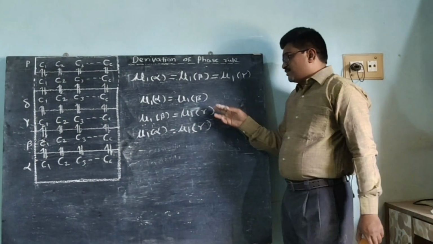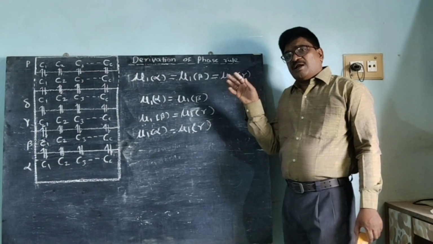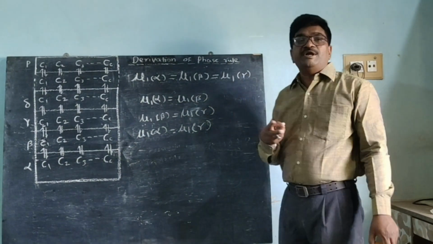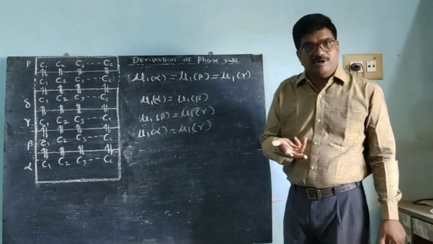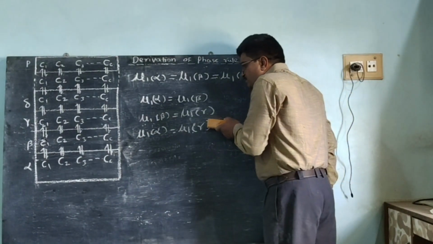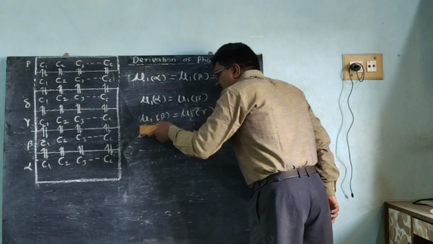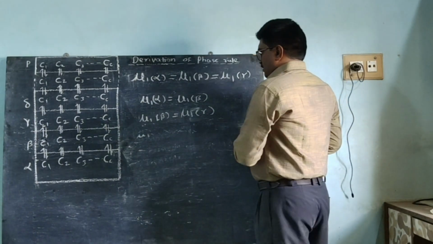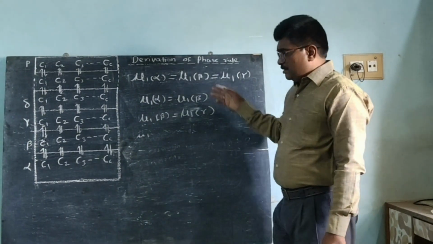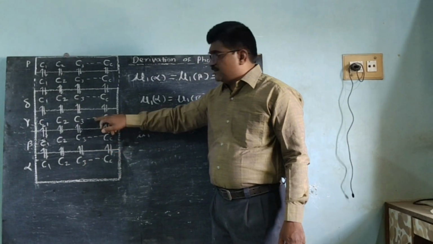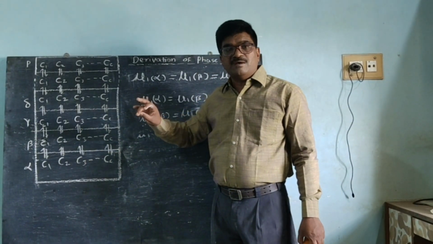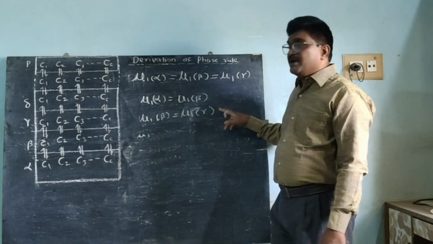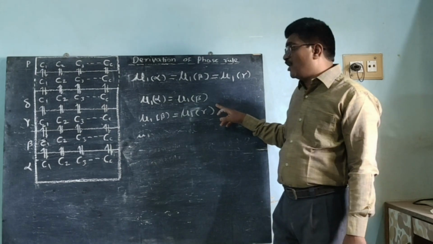Now in these equations, two equations are independent. Out of these three equations, you can have only two independent equations. One becomes dependent. So we will have to select only two independent equations. Now here we have selected three phases, that is alpha, beta and gamma. For three phases you get two independent equations for component 1.